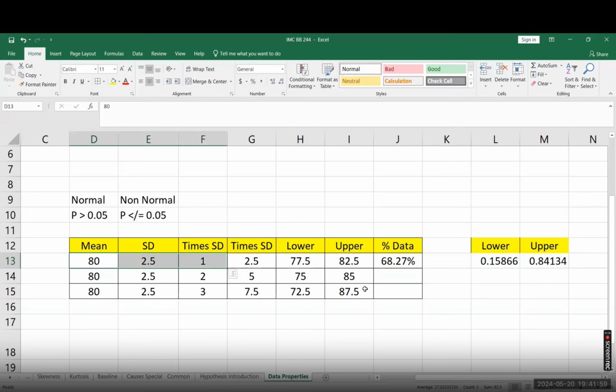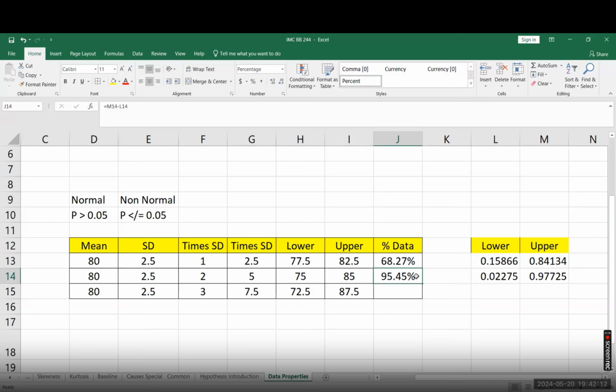Then it is a normally distributed data. Similarly, if I calculate for the 2 standard deviation, these are the values and the difference here. So 95.45% data should fall within plus or minus 2 standard deviation from the mean, like this range 75 to 85. Or if I calculate this value for the 3 times of standard deviation, it will be 99.73.